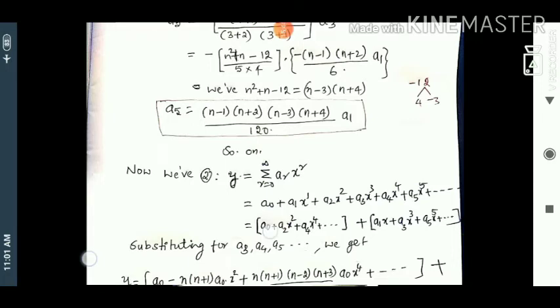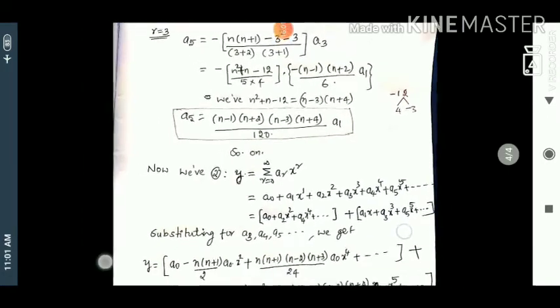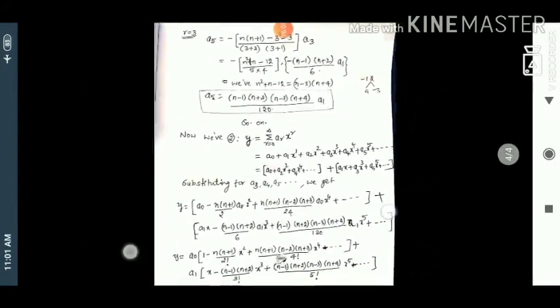So a0 plus a2 x power 2 plus a4 x power 4, with a0 added along, plus now odd powers a1x plus a3x cube plus a5 x power 5, etc. Substituting the values for a3, a4, a5, whatever we just evaluated.